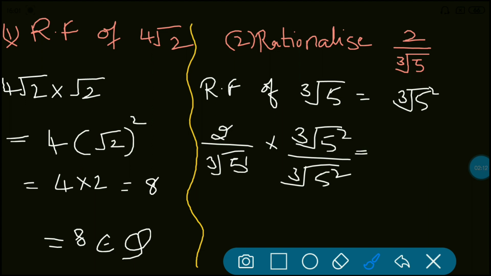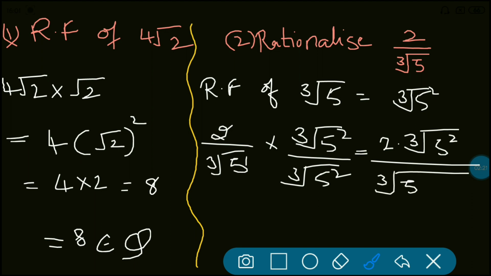That is why it is the rationalizing factor. Now 2 multiplied by cube root of 5 square divided by cube root of 5 into 5 square. 5 square is 25, so we get 2 into cube root of 25 divided by cube root of 5 into 5 square, which is nothing but cube root of 5 cube.